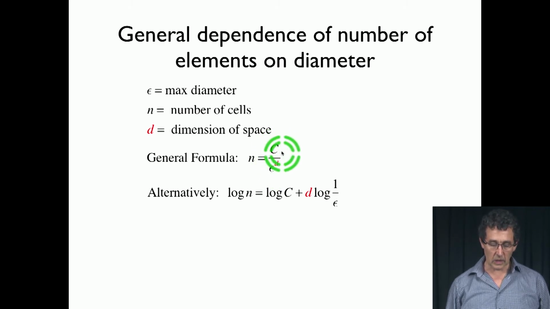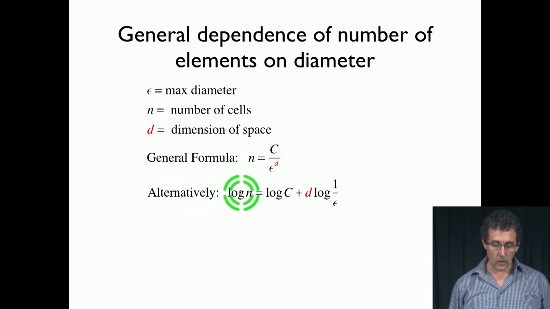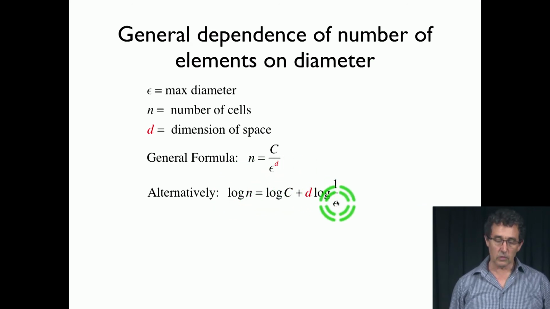We don't really care about that. But if we take the log of both sides, we get that log n is equal to log c plus d times log 1 over epsilon. And now we have an interesting, basically affine or linear relationship between log n and log 1 over epsilon.